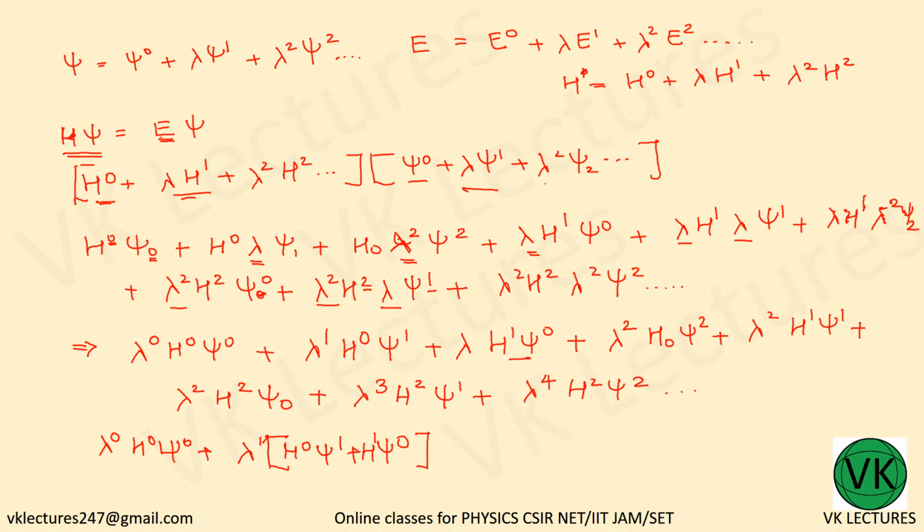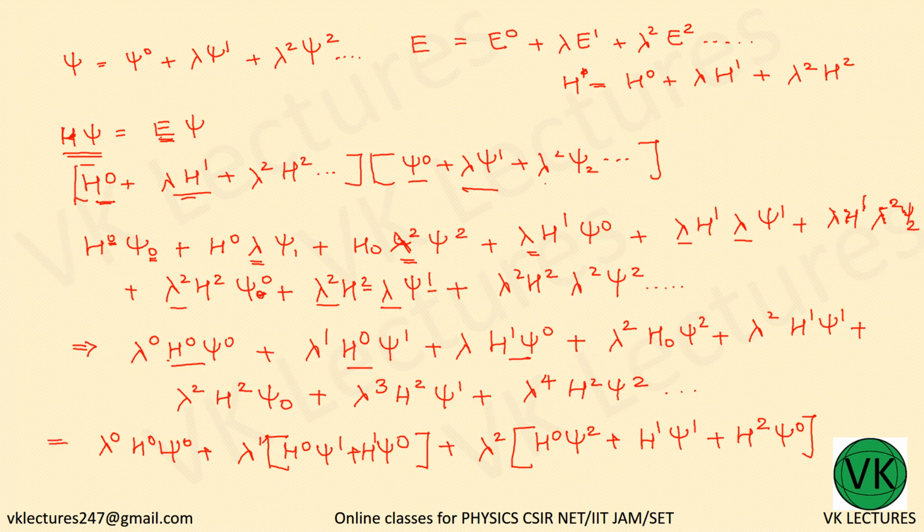Okay, these two values are also included. Now plus lambda square: either it has to be H naught psi 2 plus H1 psi 1 plus H2 psi naught. Now I hope you understood how to write the terms.